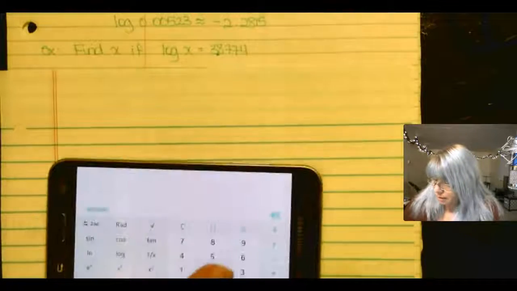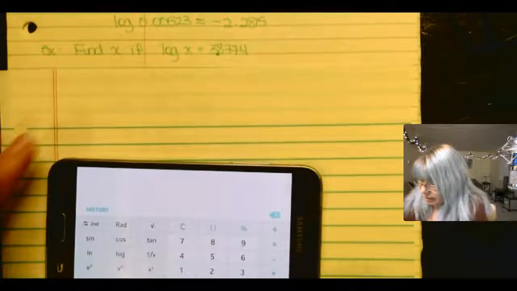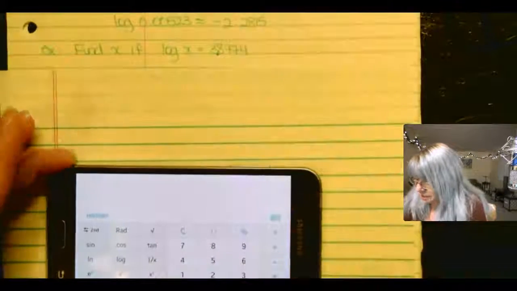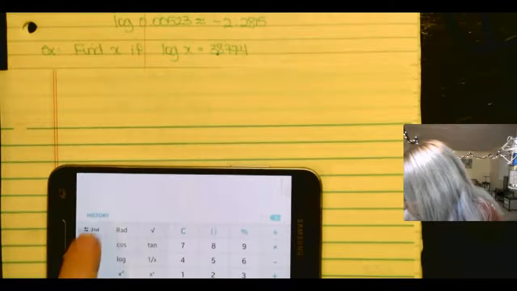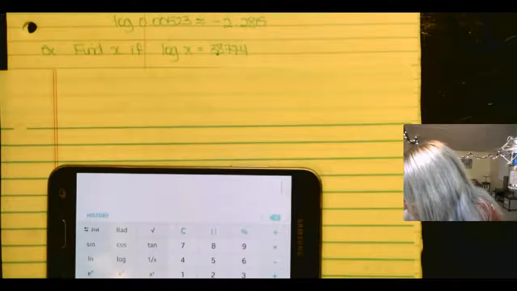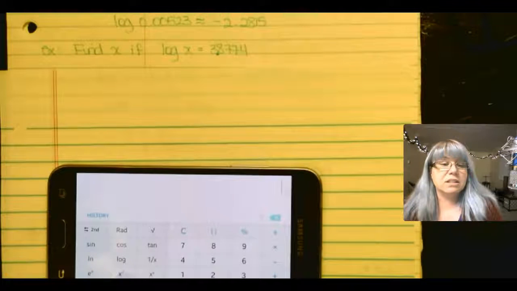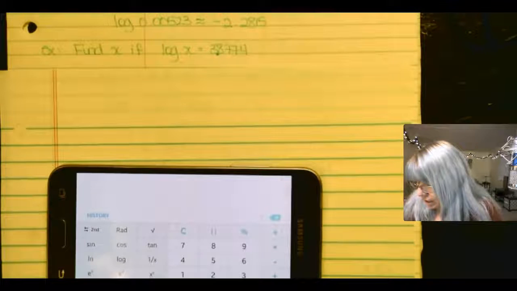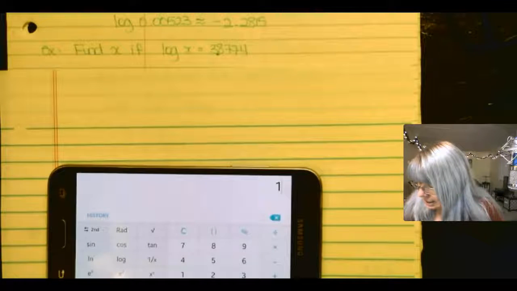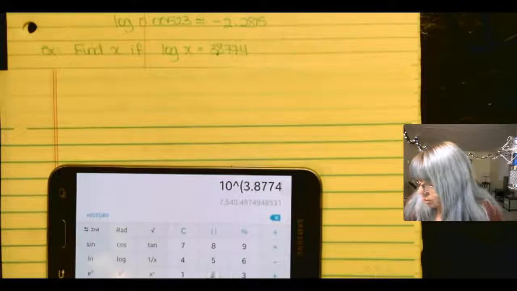Now, the cool part is that on some calculators, instead of x to a power like x^y, it will say 10 to the y. In my case, I don't have 10 to the y, so I'm going to say 10 to the power of 3.8774.